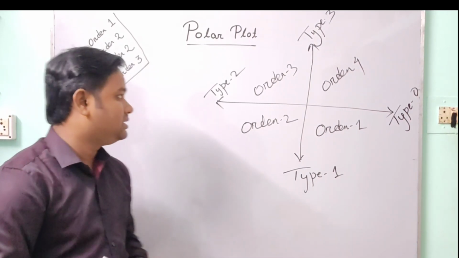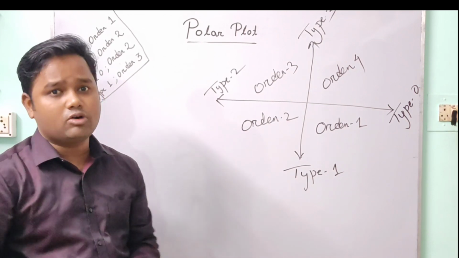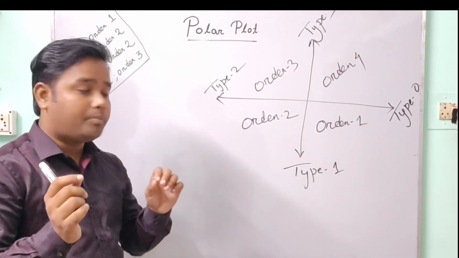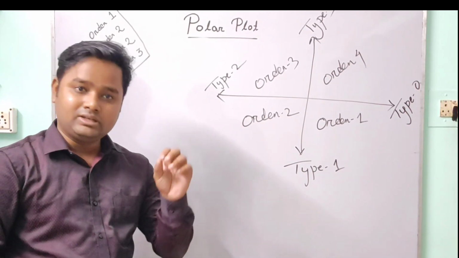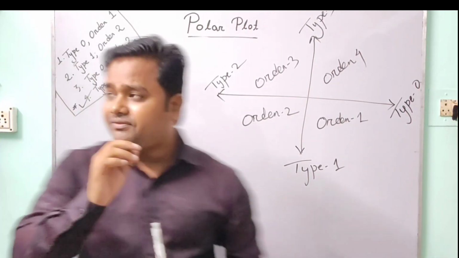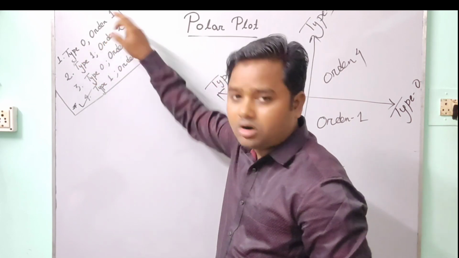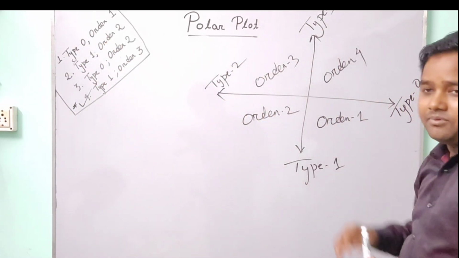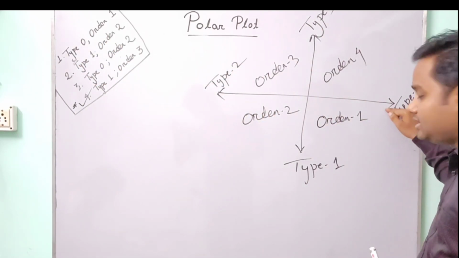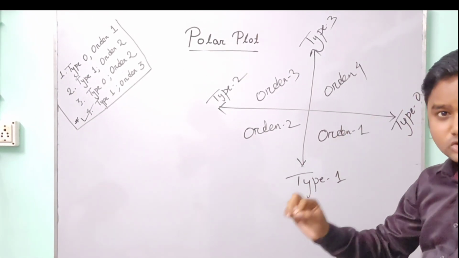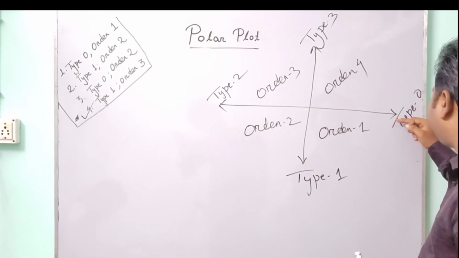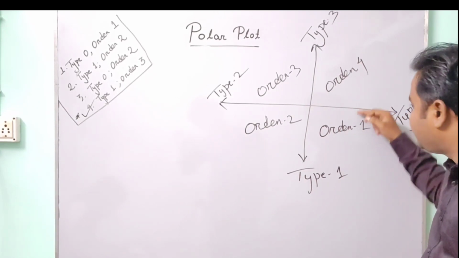The first step is we have to take two things in our mind. The polar plot always starts at the type and ends at the order. That means if I take a type 0 order 1 system, from this graph we can get type 0 from this place and order 1 is this place. Depending on magnitude and angle, it always starts from this one and ends at this place.